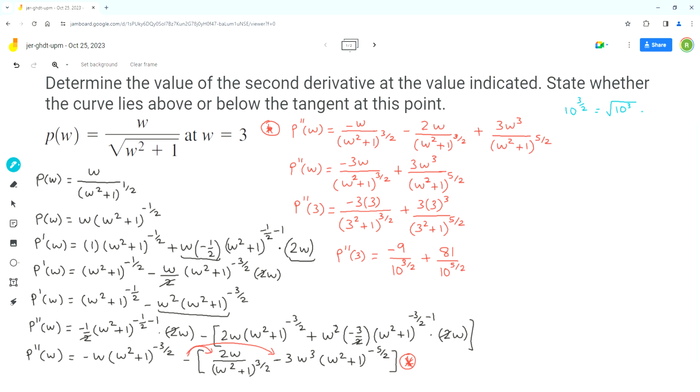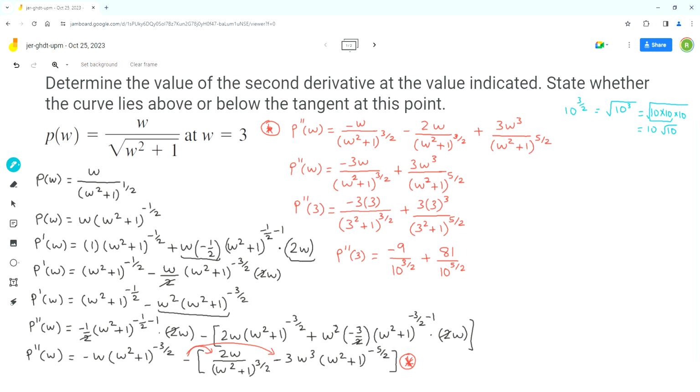And now 1000 can be written as 10 times 10 times 10 under the square root. Now two tens can come out of the square root to the front, and we get 10 square root 10.